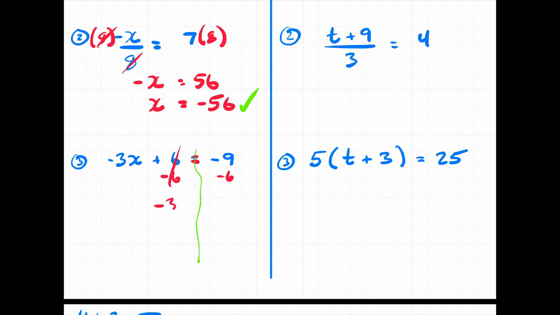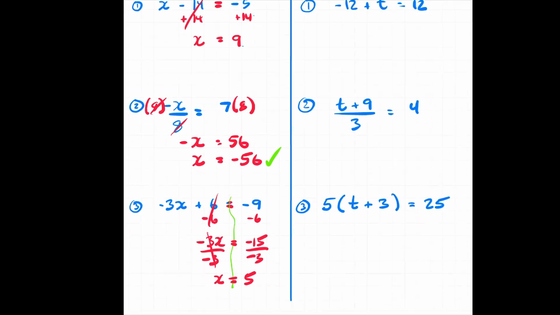So on the left, I've got a negative 3x still, and that's going to equal negative 9 minus 6, which is negative 15. Now, to separate the negative 3 from the x, because it is a negative 3 times x, I'm going to do the opposite, which is divide by that negative 3. The 3's cancel again, and I have x equals 5.